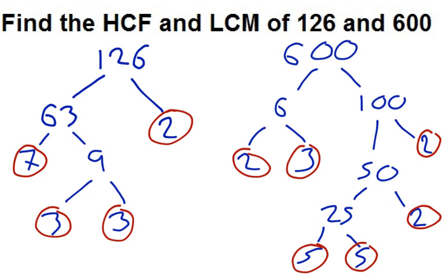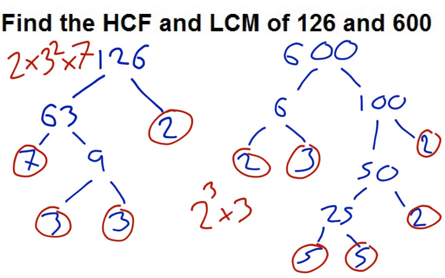So we've got over here for 126, 2 times 3 squared times 7, and for 600 we've got 2 cubed times 3 times 5 squared, and we're going to use both of these to find both the highest common factor and the lowest common multiple.